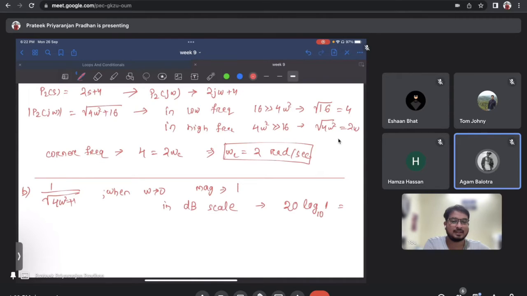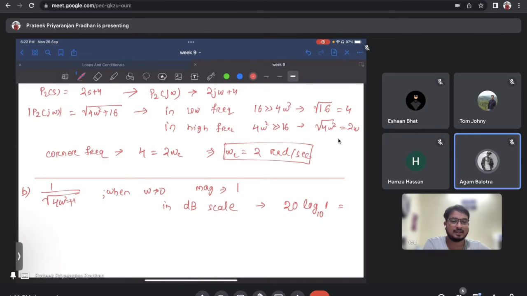So you can calculate it. I have already calculated it actually. So it will come around 12 dB. You just calculate it and you will find it out. Simple, straightforward questions. So the answer will be 0 dB and 12 dB.